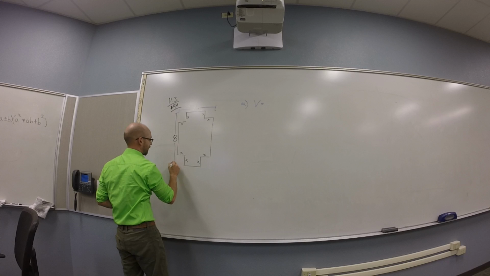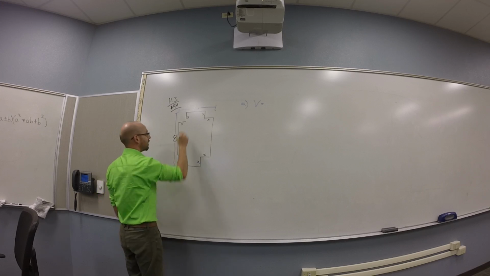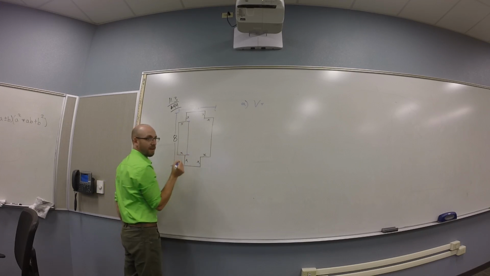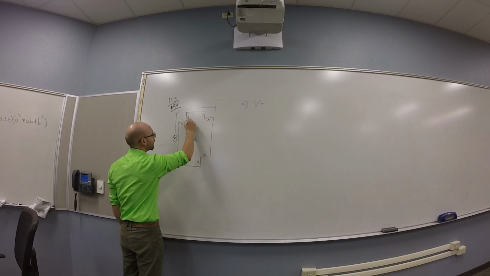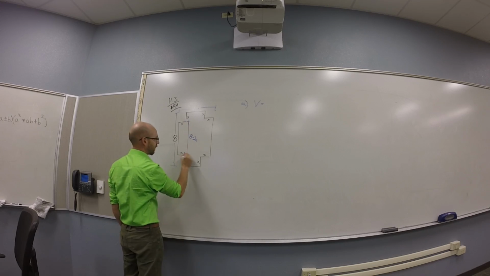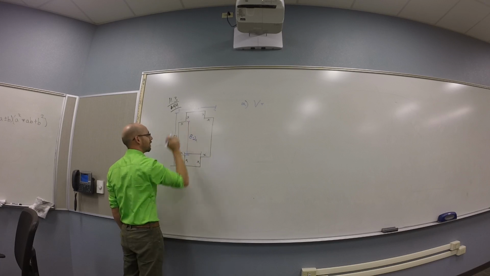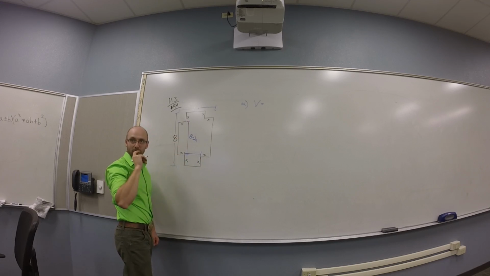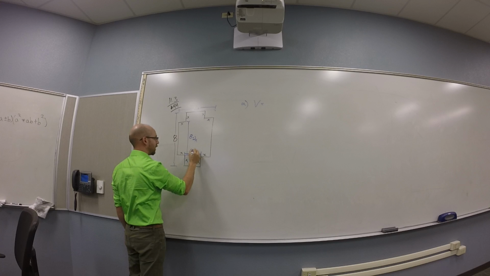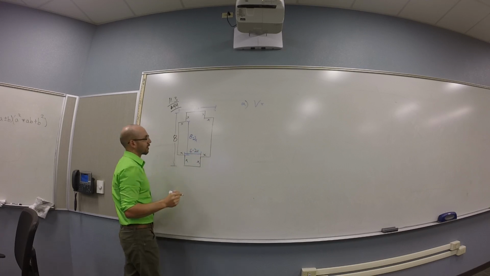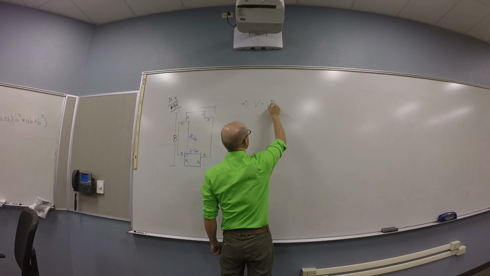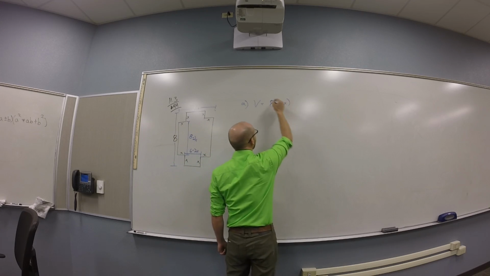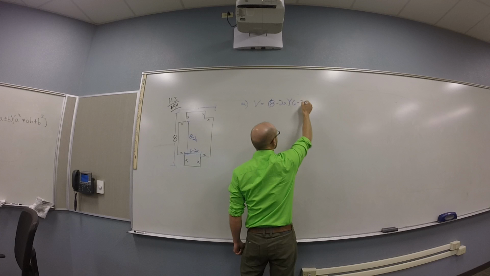You guys see that? So this side in here is 8 minus 2x. And this side across the bottom is 6 minus 2x. So my volume's going to be length times width times height: 8 minus 2x times 6 minus 2x.